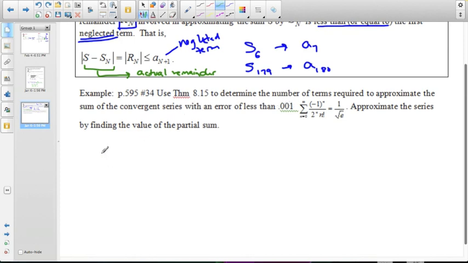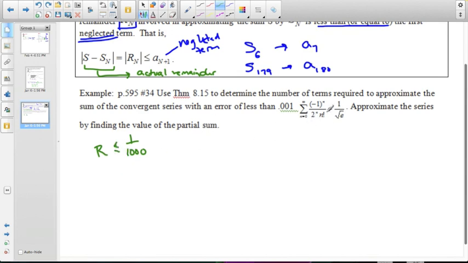Okay, so we want our remainder to be less than 1/1000th. And so what we're really talking about is 1/1000th being the biggest it can be. So that remainder is less than or equal to that value.